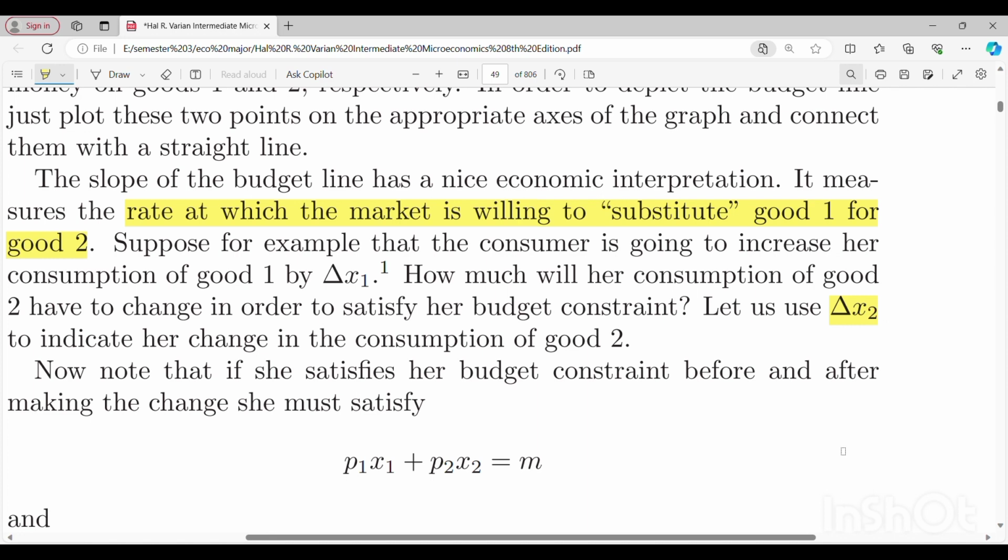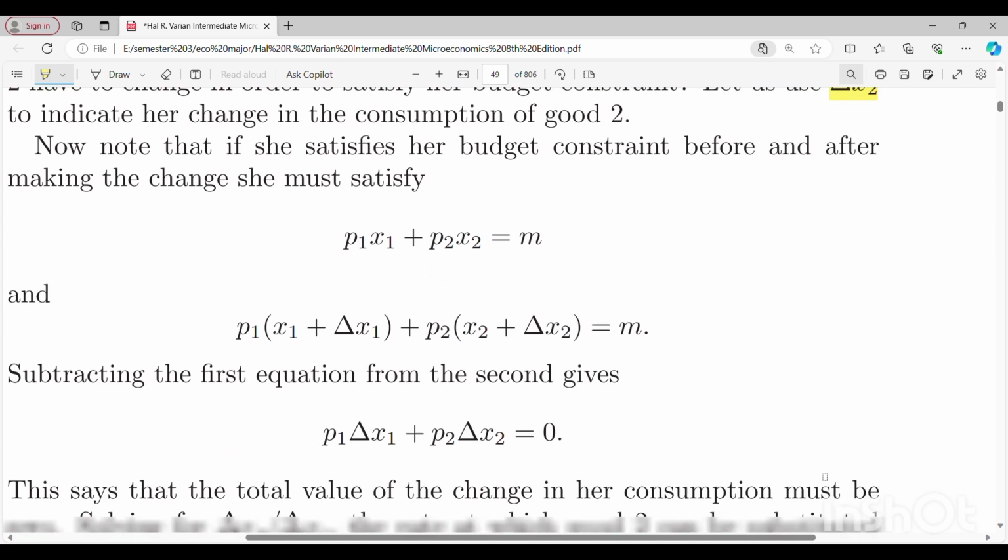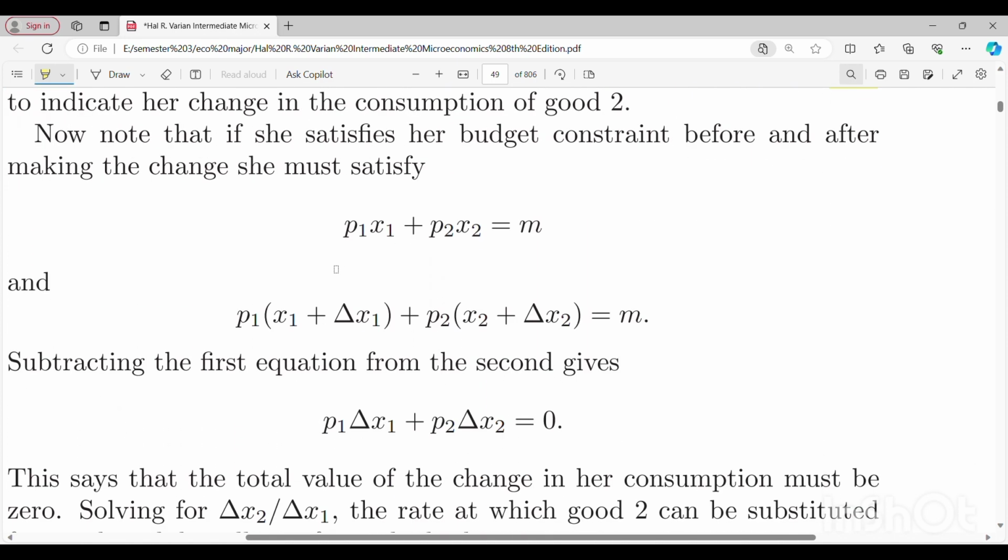We know what the budget line equation is: P1 X1 plus P2 X2 is equal to M. X1 has changed; it is said that delta X1 is added. Delta means the change, it can be minus or plus.